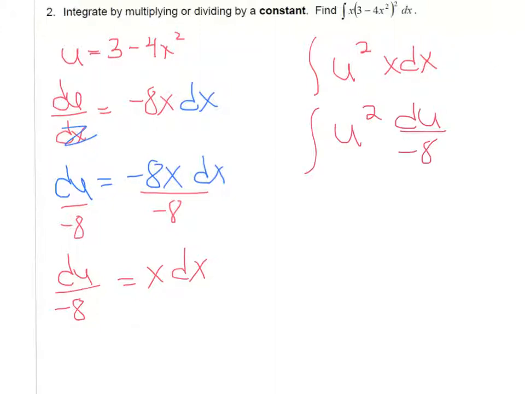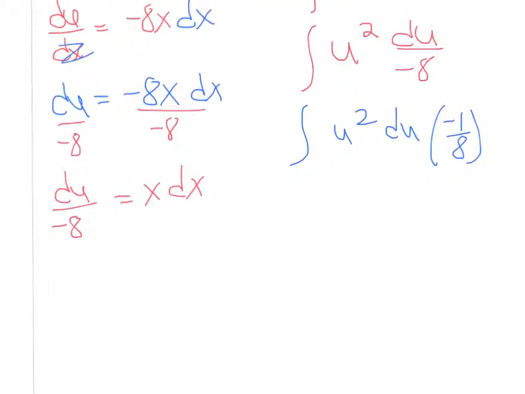But I don't like du over negative 8. That's the same thing as having du times negative 1/8. And then because negative 1/8 is a constant, we can move that to the front of our integral.